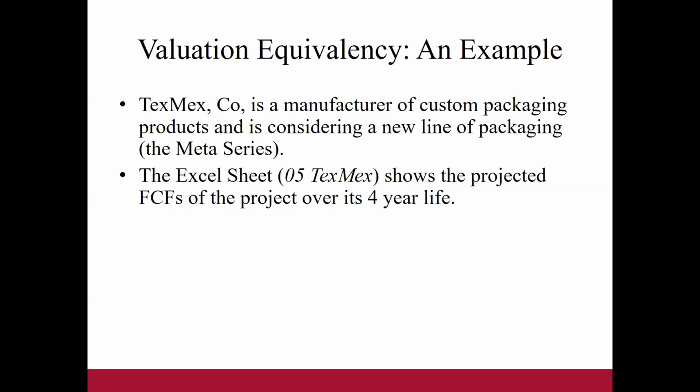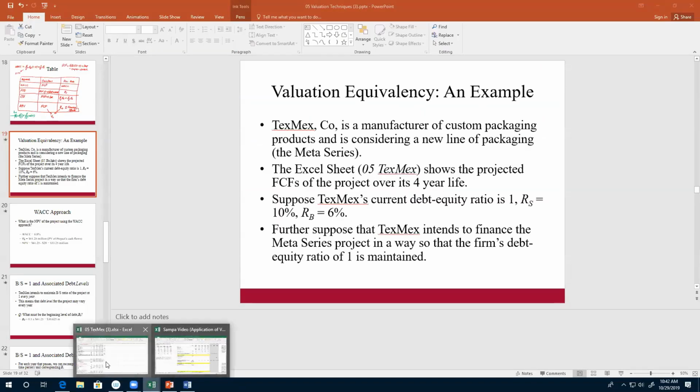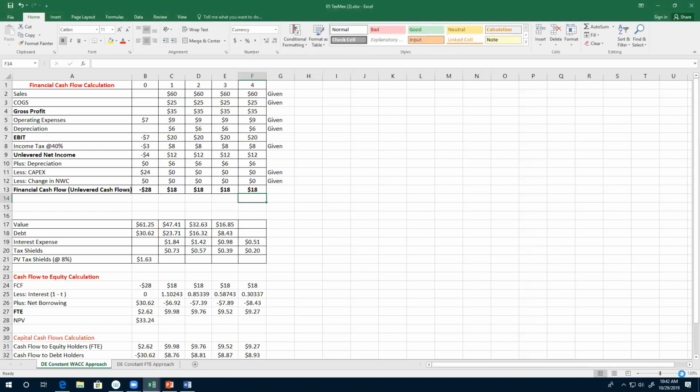Now, we're not given a whole lot of details about what this new line of packaging does, but the Excel sheet, which I'll show you in a bit, shows the projected financial cash flows of this project over its 4-year life. This Excel sheet is actually posted on Canvas, and basically this is what it looks like.